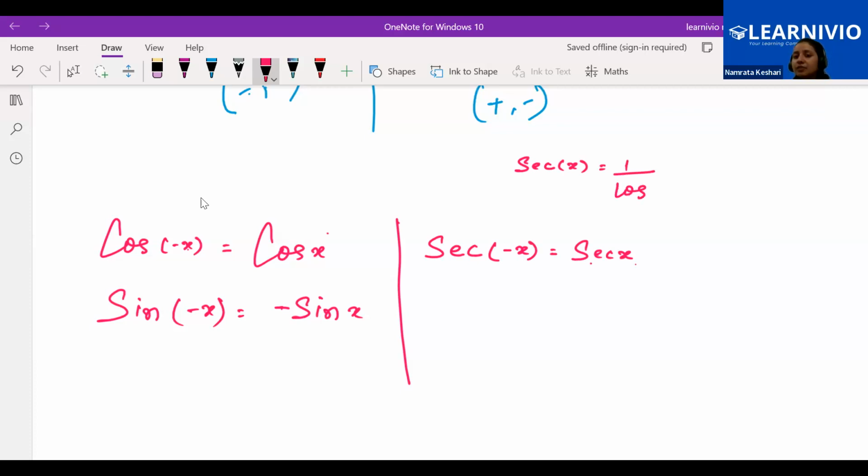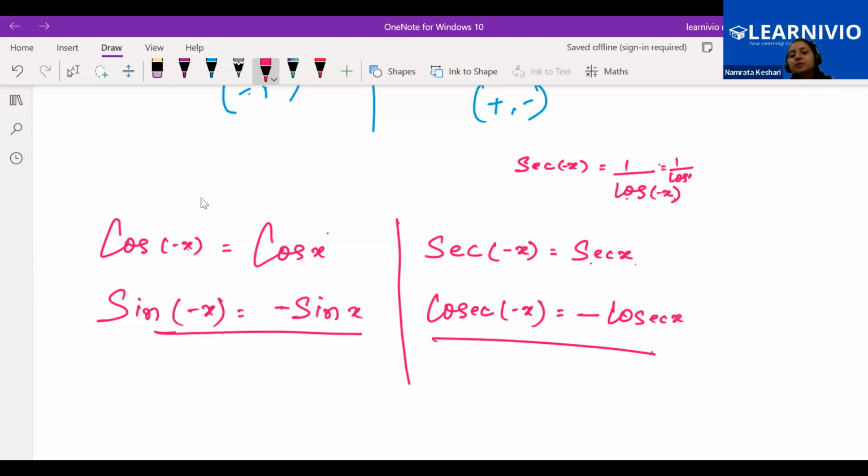If we take the negative angle, cos of minus is just cos, hence it comes as only sec theta. Getting it? Yes or no? And from sine, we can say that cosec of minus X will be minus cosec X, because sine behaves in this way. So cosec of any angle will definitely behave like sine.